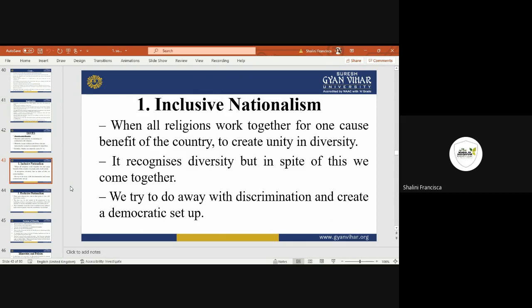So that makes a democratic setup for all of us to be called Indian, in spite of any religion, language, color, dress, culture, or borders.